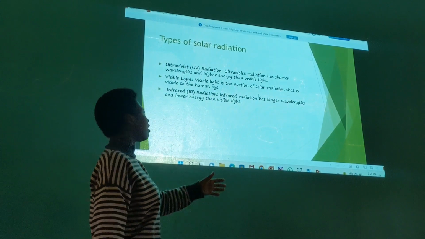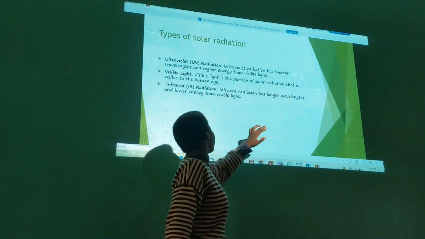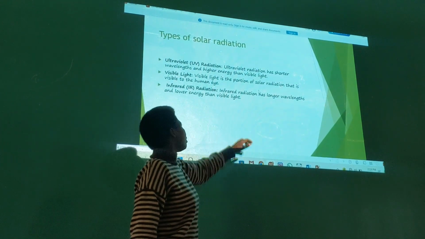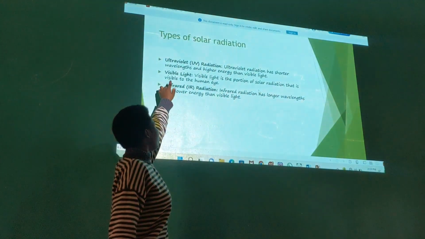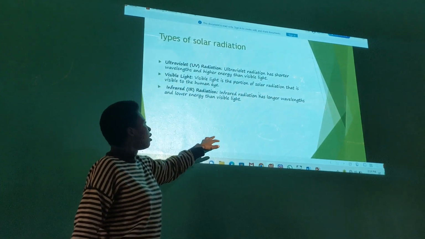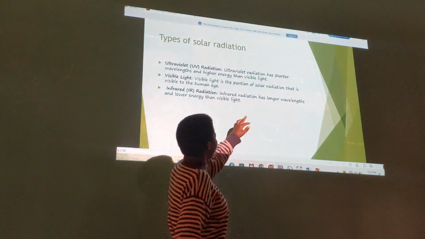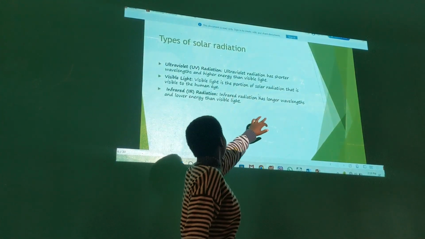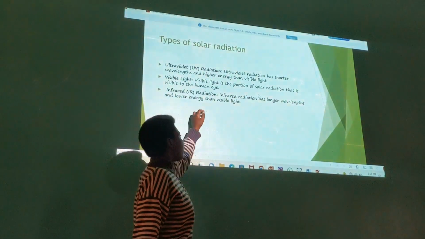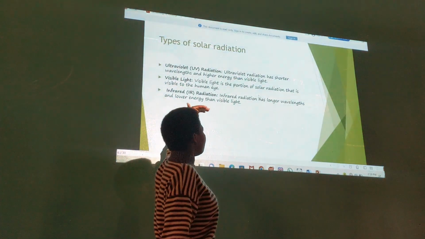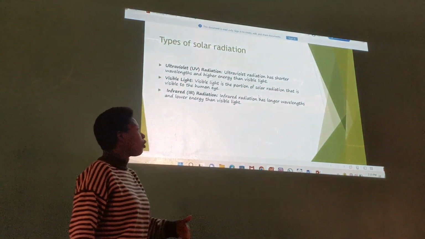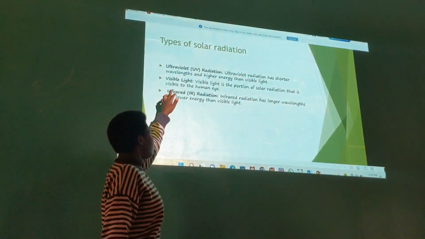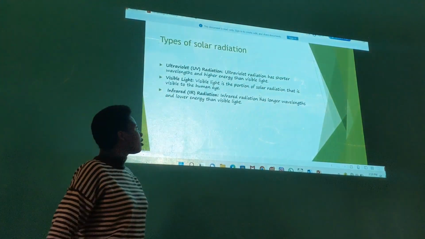Infrared radiation has a longer wavelength and lower energy than visible light.